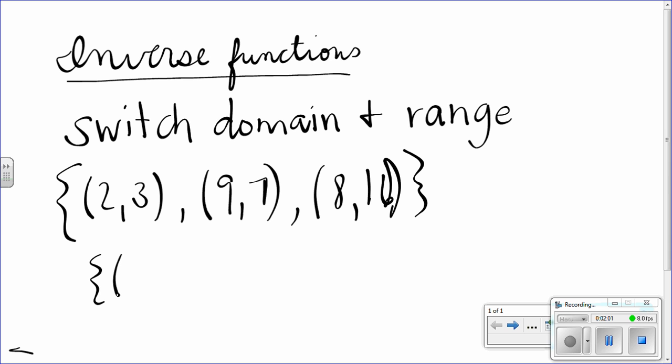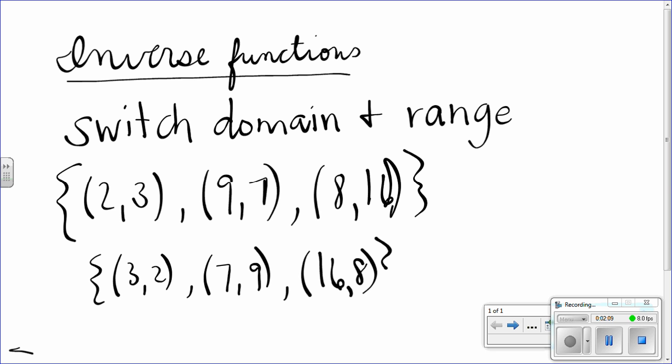Yes, 3, 2. That's 9. These two relations right here would be inverses. Because this one's range is that one's domain, and that one's domain is that one's range, and vice versa. Okay?